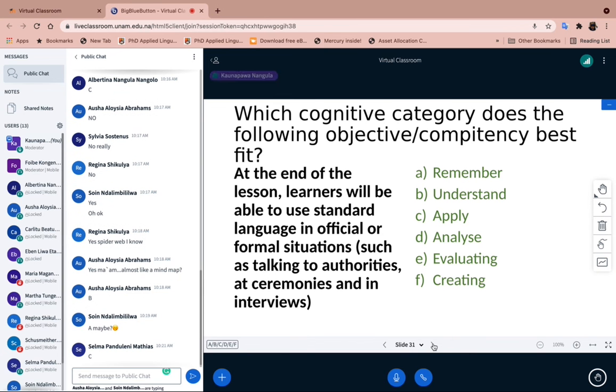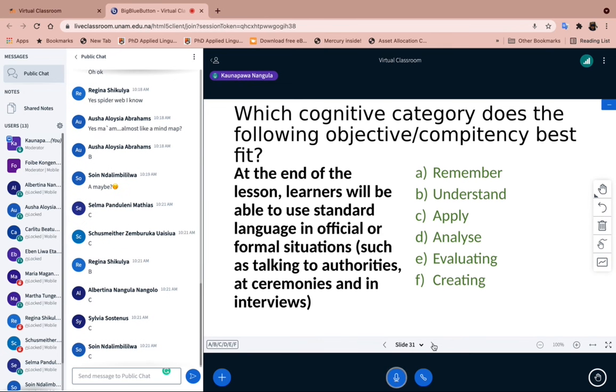What will that be? A, B, C, D. All right. And I think C absolutely will work here. So let's say if you have specific official language or phrases, for instance, that you want them to use in a different context, then apply can work here.